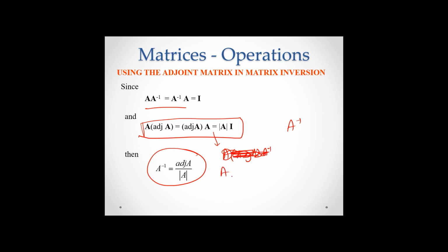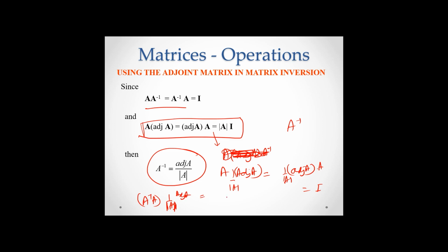From this we get A adjoint A, 1 by determinant of A. This will be 1 upon determinant of A into adjoint A into A. This will be simply I. If I multiply throughout by A inverse, right? Pre-multiply and post-multiply. So A inverse of A with 1 by determinant of A into adjoint A, right?